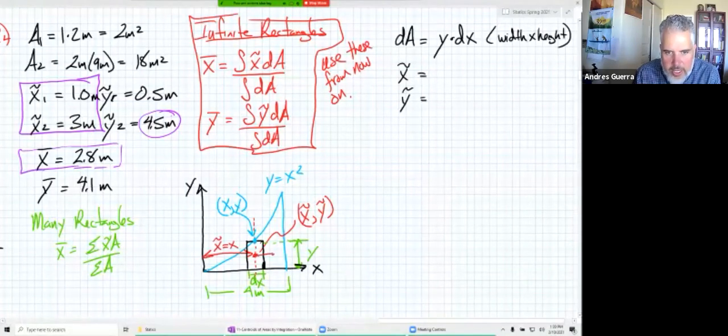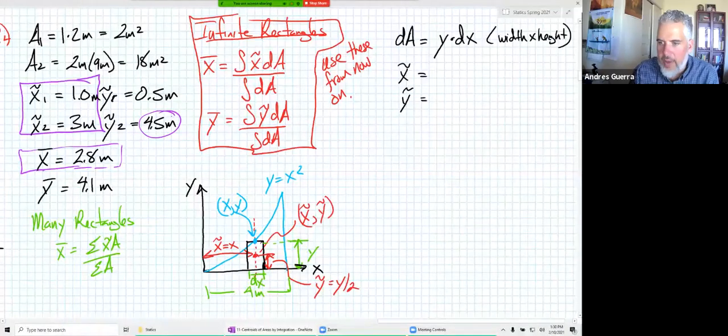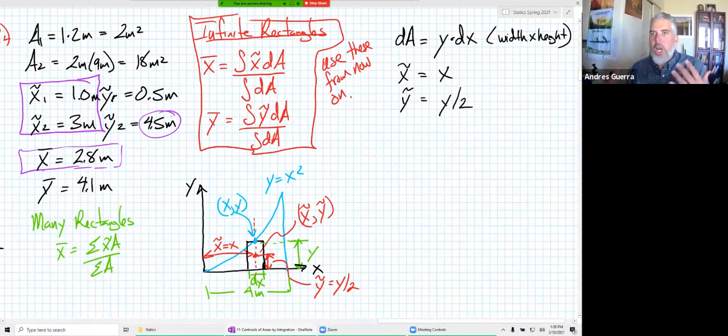And then y tilde, which would be that distance there, is y over 2. Just half of y, isn't it? So x tilde is equal to x, and y tilde is equal to y over 2. Now, I haven't done any substituting yet. We are doing a dx, so we can't have a y in there, but I'm going to do my substituting later. So let's do it here.